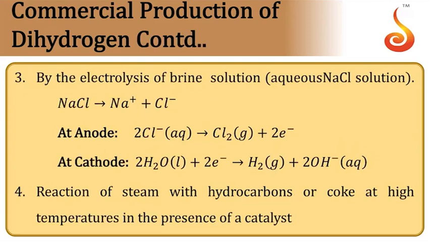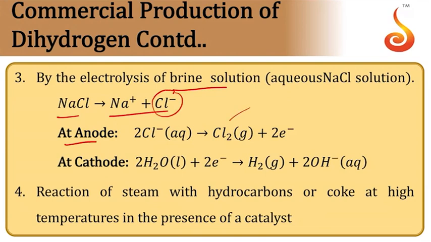Then electrolysis of brine solution also gives rise to H2 gas. NaCl gives Na plus and Cl minus. Cl minus ions, being anions, move towards the anode. Their oxidation takes place and you get chlorine gas.